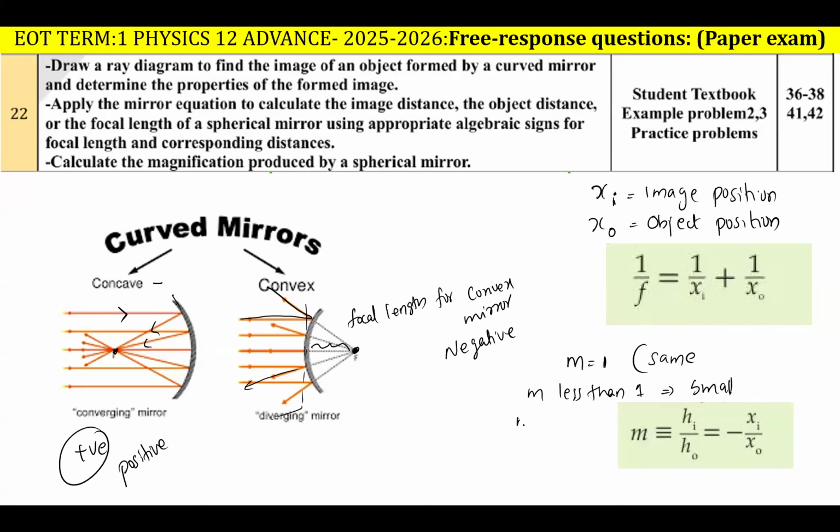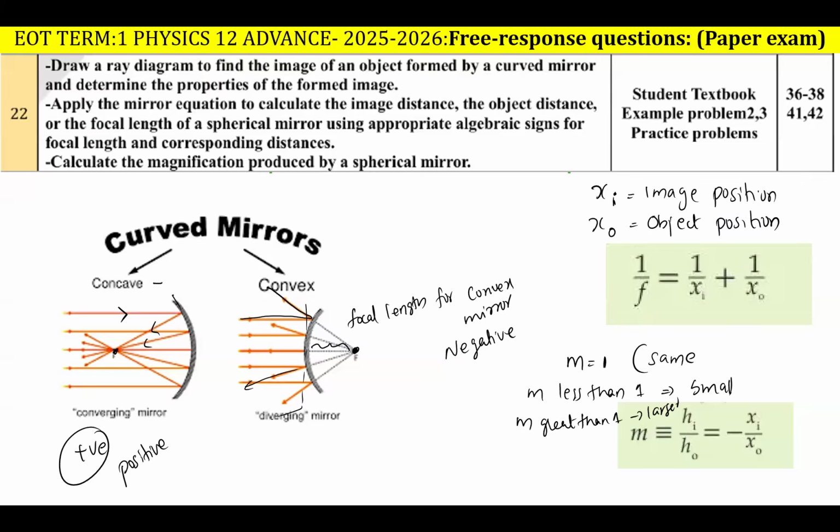If M is greater than 1, it's a larger one. And depending upon whether M is positive or negative, we can say whether it's a real image or a virtual image as well.